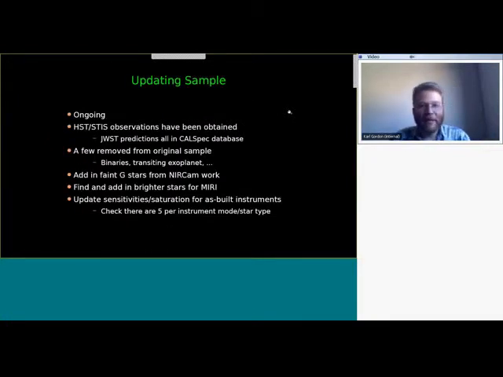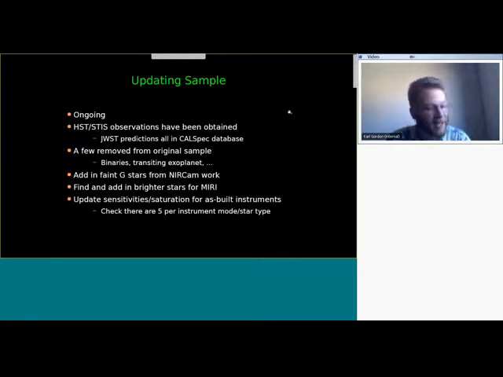We're up, as I said. We've got HST STIS observations, and we count that in this CalSpec database, which provides the JWST predictions, all in there already. We have a few from our original sample in those 2 reports. So once updated, there'll be a new report with a new sample.